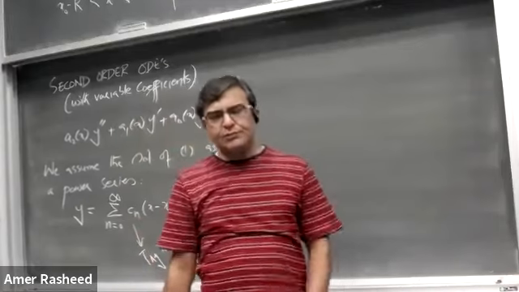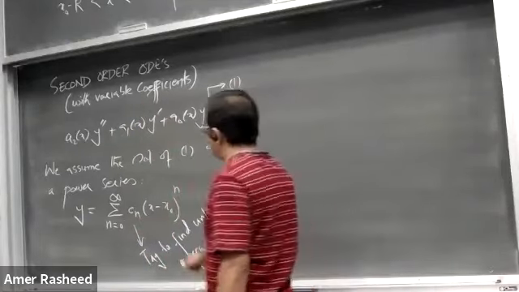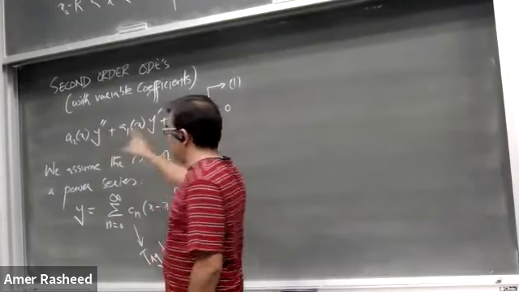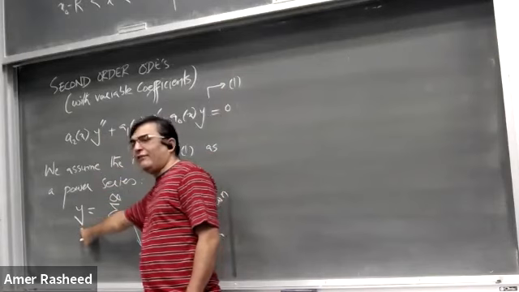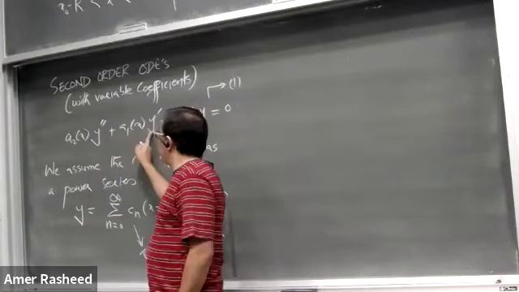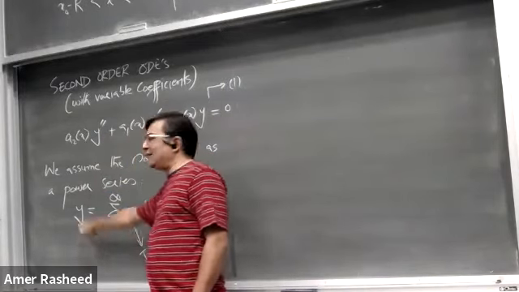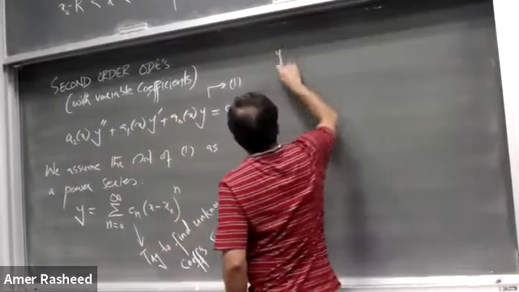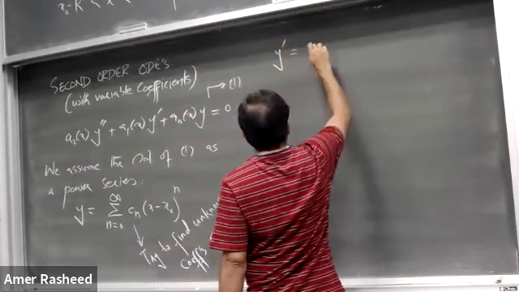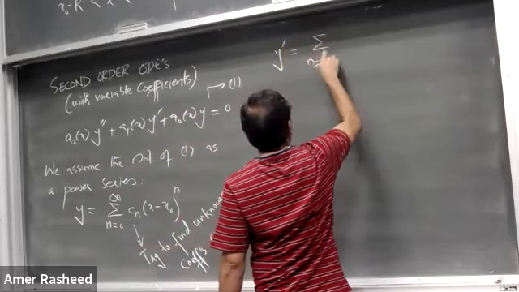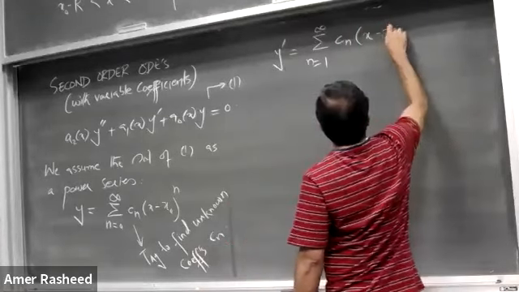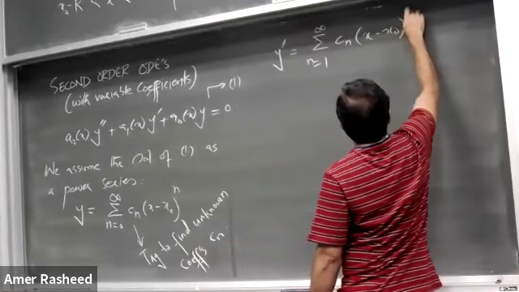Now, in order to find these constants, we put this into the differential equation, and for that we need the first derivative y dash and y double dash. So we differentiate y, which gives n from 1 to infinity n c_n (x minus x naught) whole raised to the power n minus 1.